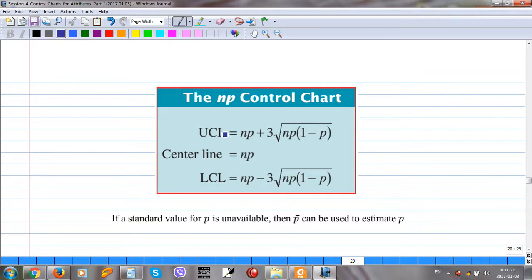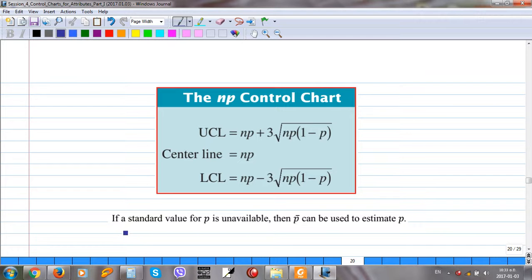So these are the control limits. For the NP chart, upper control limit equals NP plus 3 times square root of NP times (1 minus P), center line equals NP, and lower control limit equals NP minus 3 times square root of NP times (1 minus P).